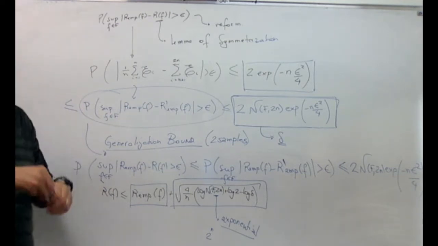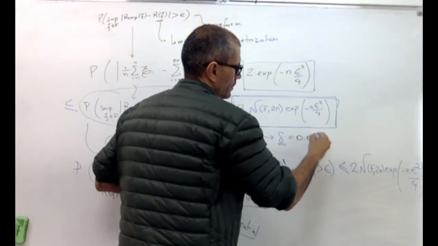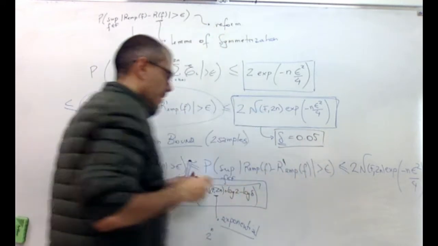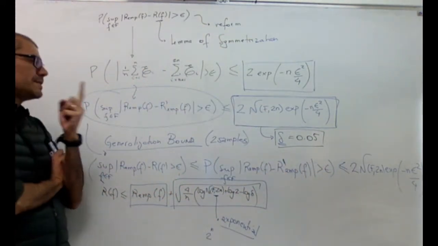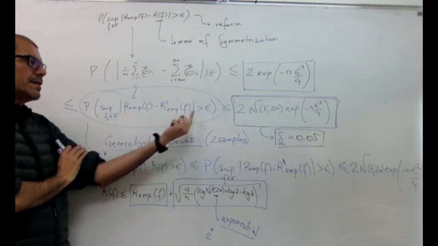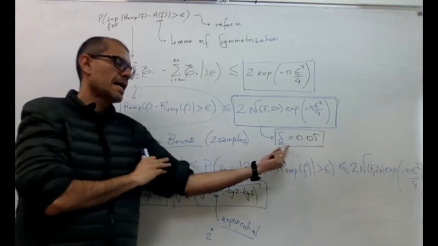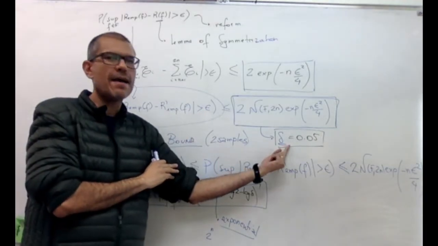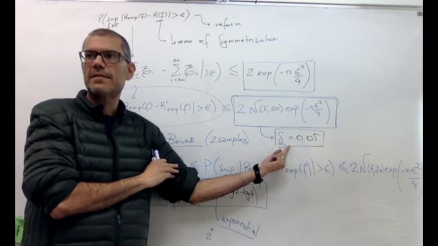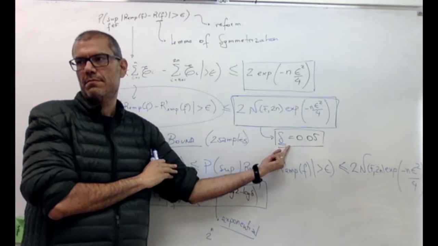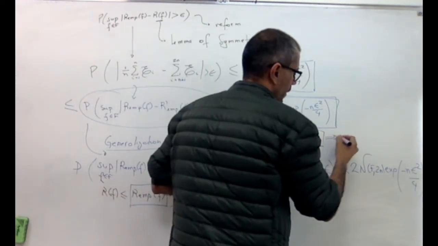If delta is equal, for example, to 0.05, this basically means that I want the probability of having this difference greater than epsilon happening just for 5% of the cases. In 95% of the cases, I don't want it to happen. So this works as some level of confidence.